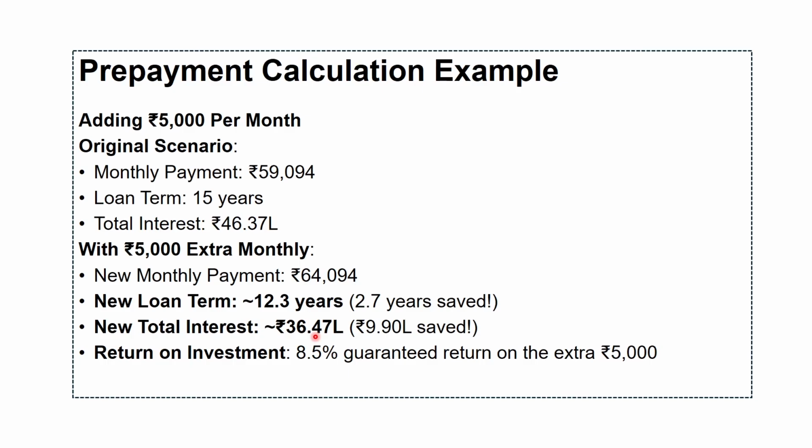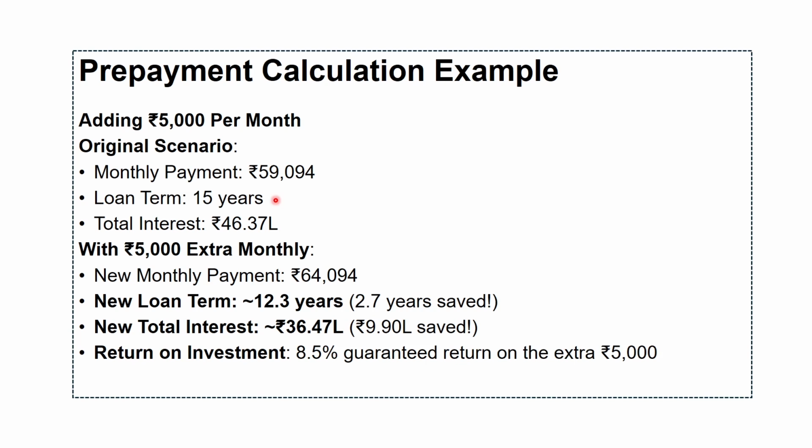This yields an 8.5% guaranteed return on the extra 5,000, far safer than the stock market. So, earlier we discussed prepayment strategies for ARMs and PMAY. Here we are trying to focus on fixed rate savings, avoiding overlap.